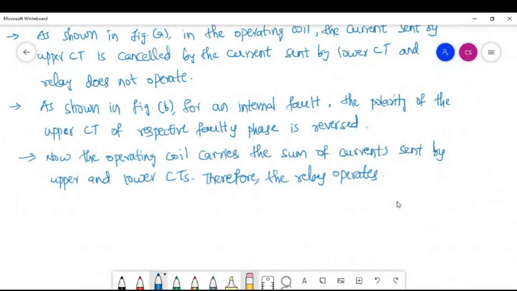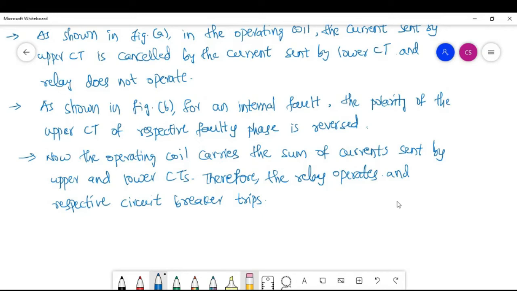So therefore, the relay operates and the respective circuit breaker trips. If it is phase A, that respective phase A will trip. Phase B, phase B will trip. Phase C, phase C will trip.